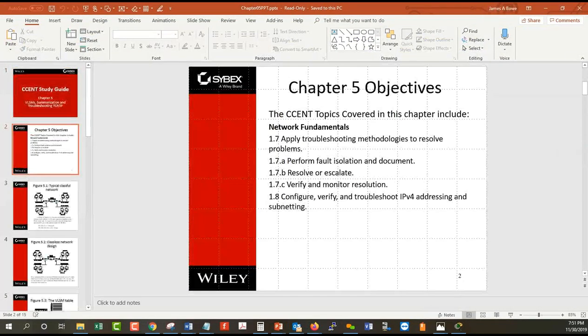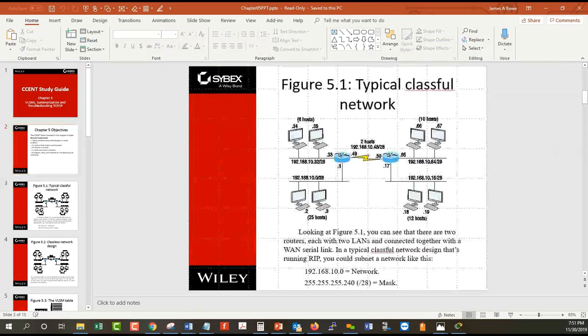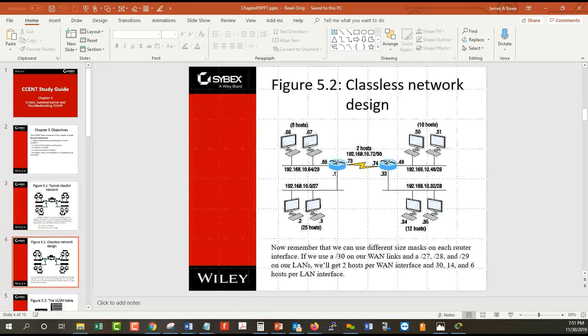So we did VLSM. We did not do summarization. Okay, and this is a typical classful network. Okay, that's fine. Anytime we're using VLSM, it's typically a classless network design.